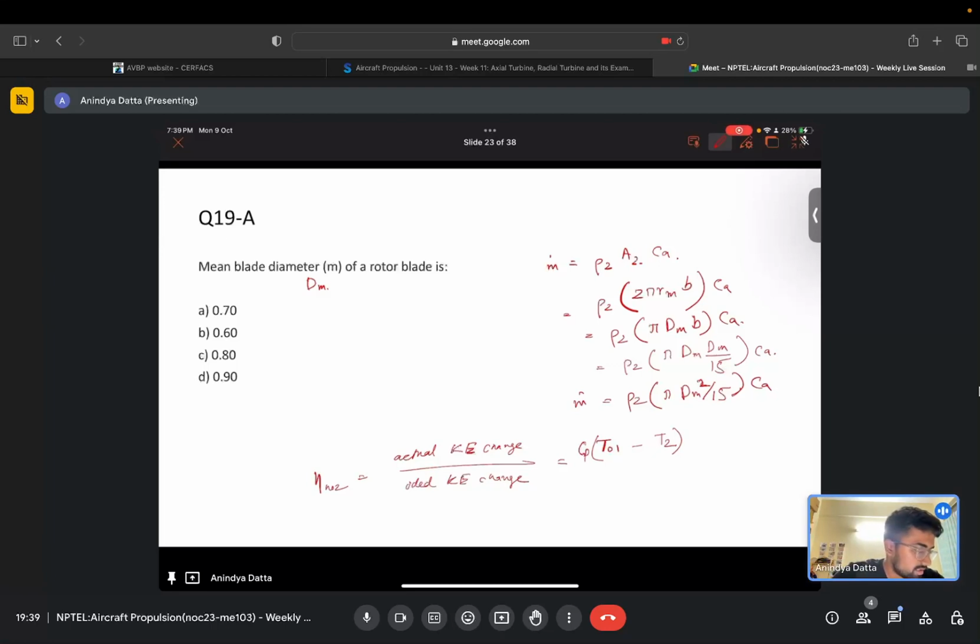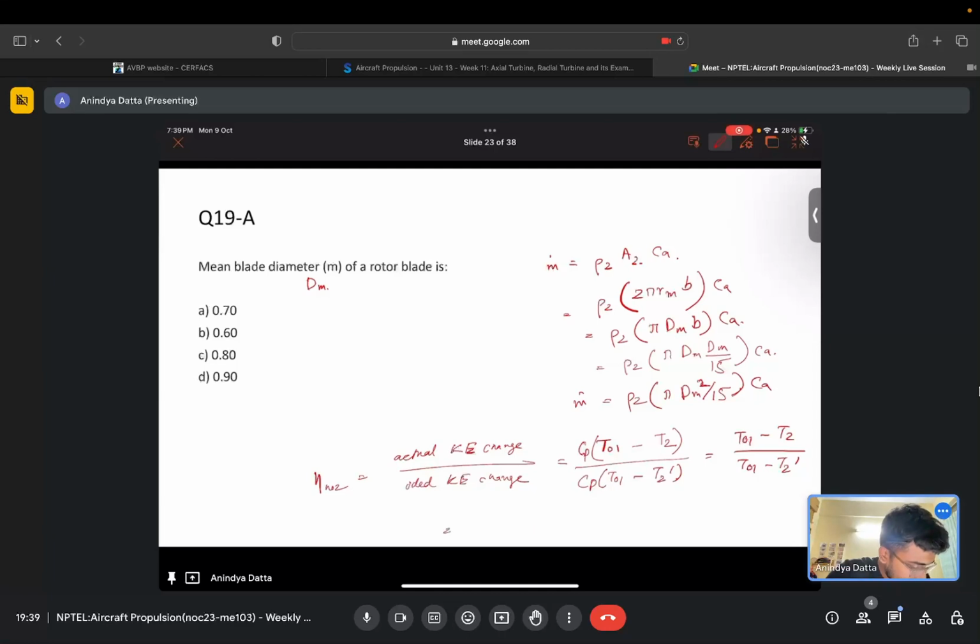So the actual kinetic energy change is the stagnation enthalpy minus the static enthalpy. In the denominator we have cp (T01 minus T2 prime) if it was ideal. Now the cp gets cancelled, so this is (T01 minus T2) divided by (T01 minus T2 prime).